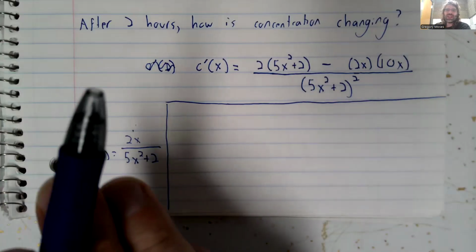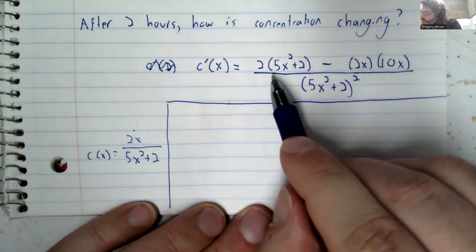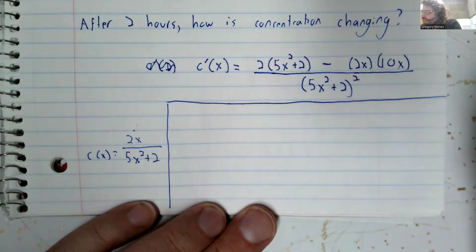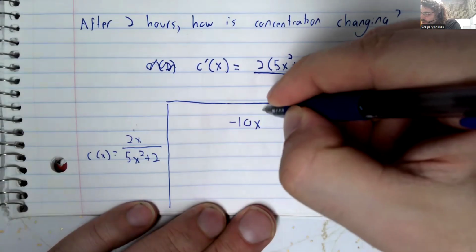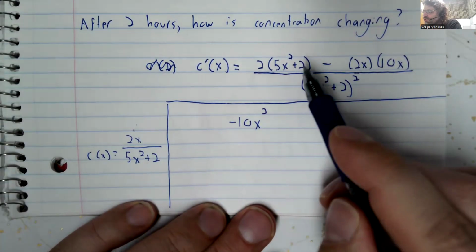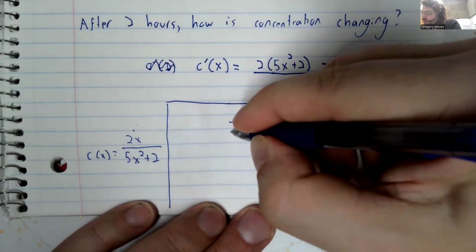So this is going to be 10x squared minus 20x squared minus 10x squared, and then 2 times 2, 4.